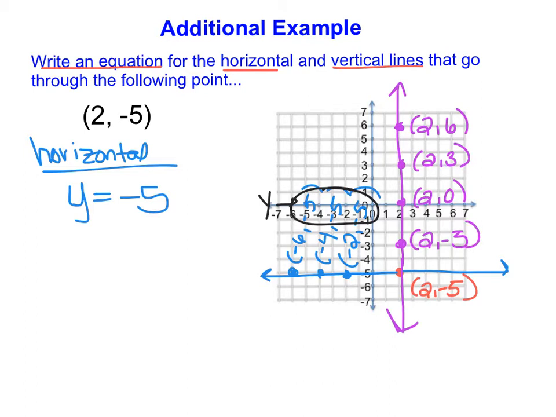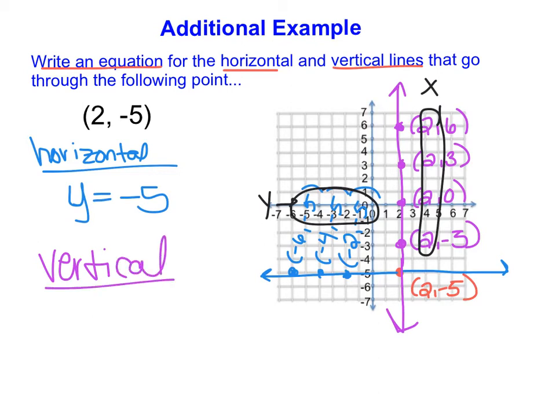And what I notice as I focus in on these points is that the x values are always 2. So if I'm going to write the equation for my vertical line, the x values are always 2. So there's your equation.